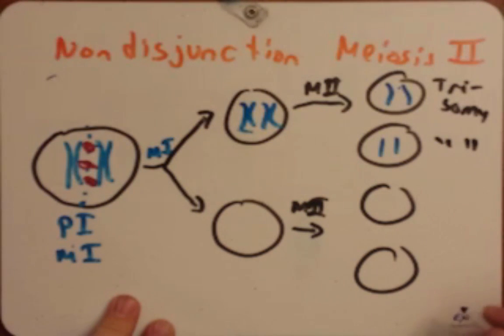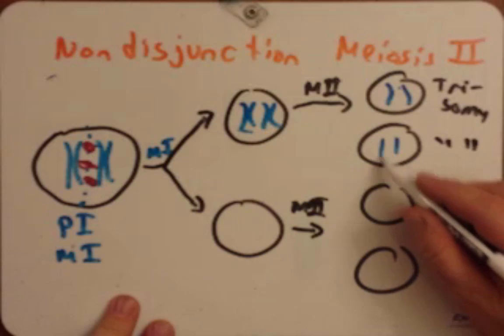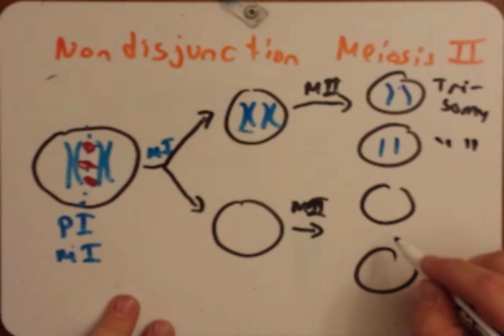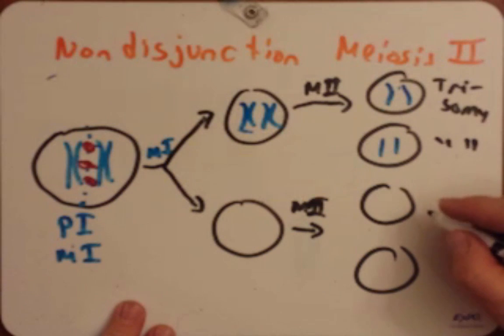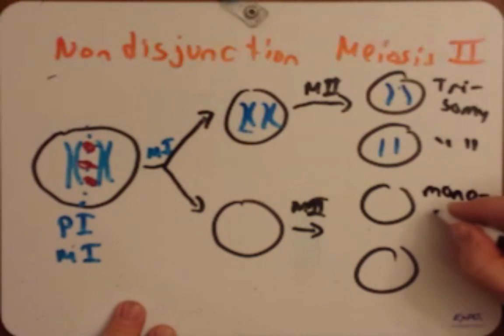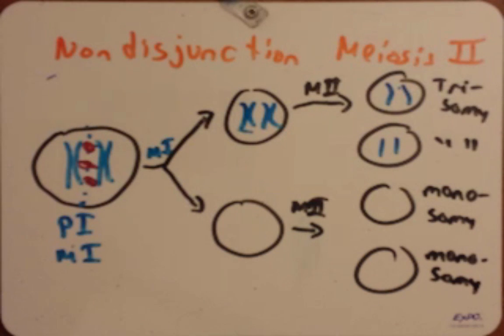And down here it's going to lead to a monosomy, because this blue chromosome doesn't exist in the sperm, and there's one copy that's in the egg, so when fertilization occurs, you just have one copy. So this is monosomy, or it will form a zygote that is a monosomy. So this is what happens during the phenomenon of nondisjunction during meiosis.